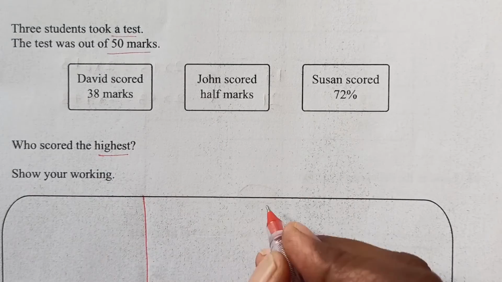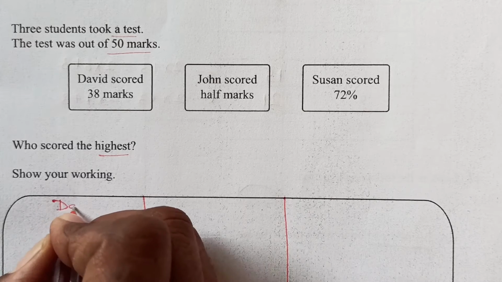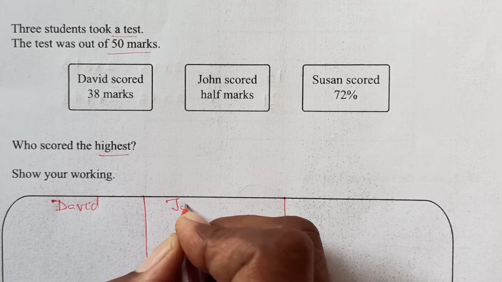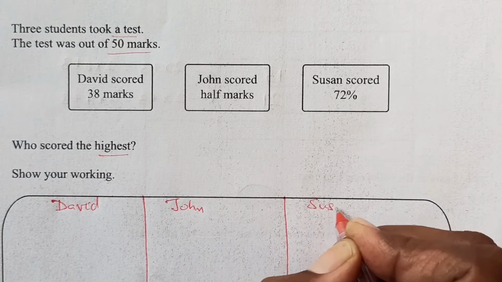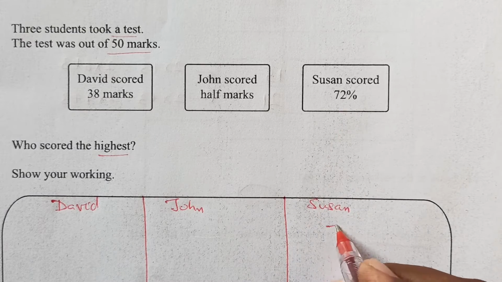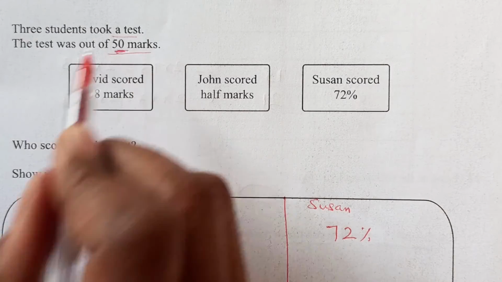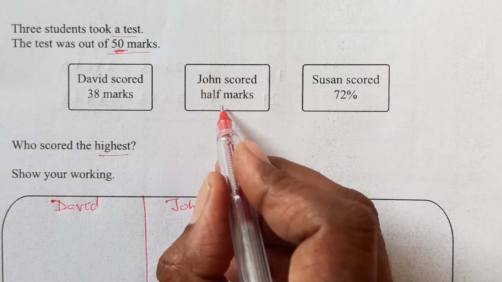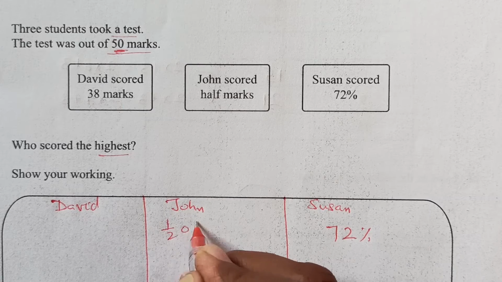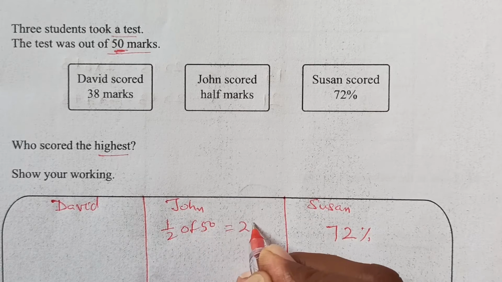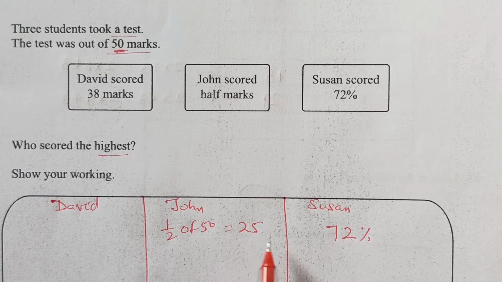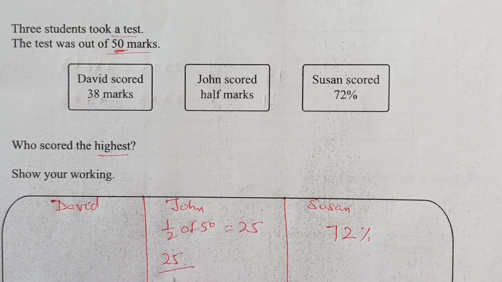So we will make three sections here. This is for David, John, and then Susan, right? So Susan is 72%. This is half mark. The test was out of 50. So half mark, half of 50 is 25 marks.